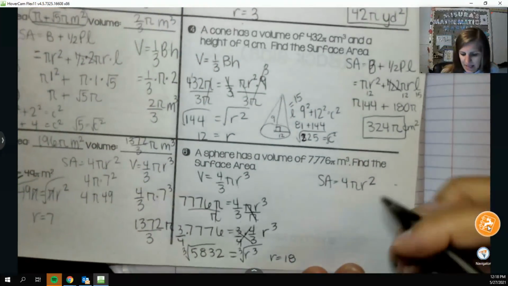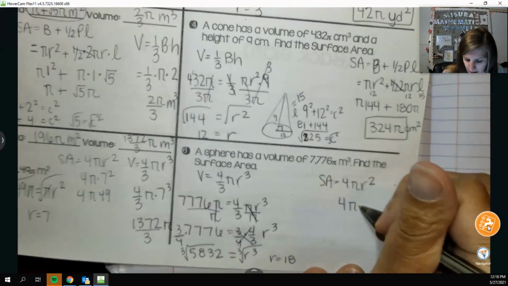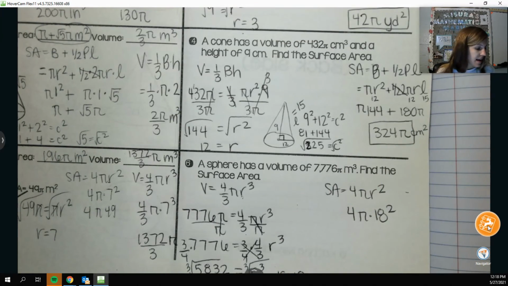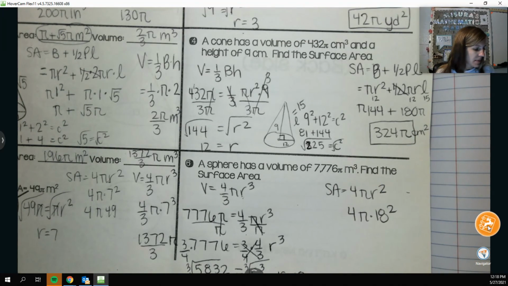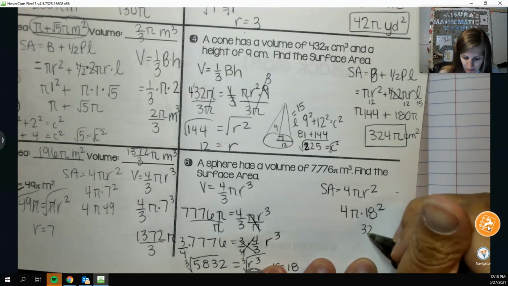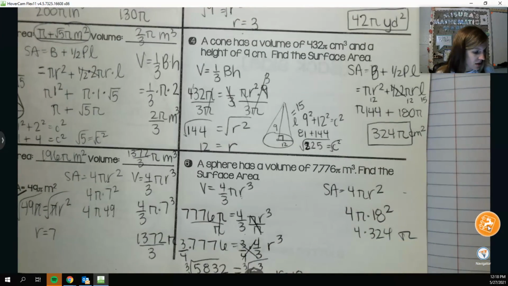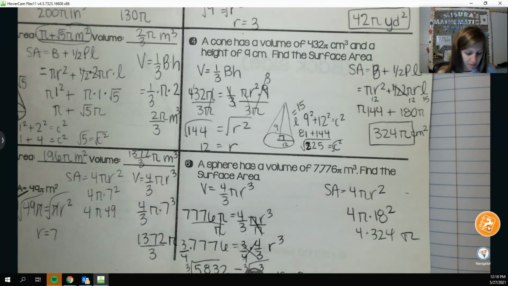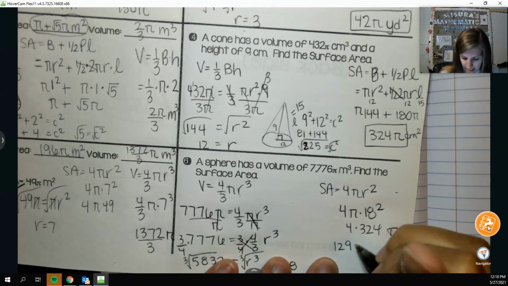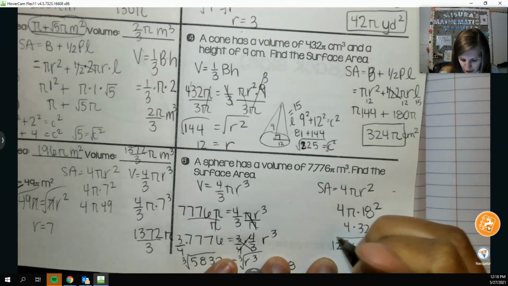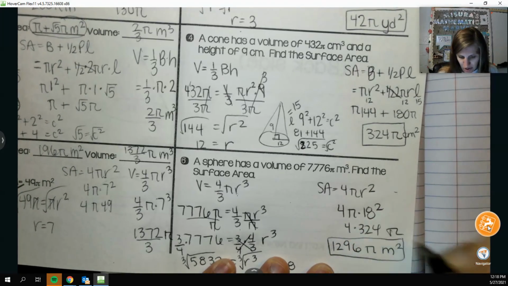Which is so nice, because then I can find the surface area by plugging in 18, squaring it, and then multiplying by 4. So 18 squared is 324. And then putting pi at the end, times 4 is 1296 pi meters squared.